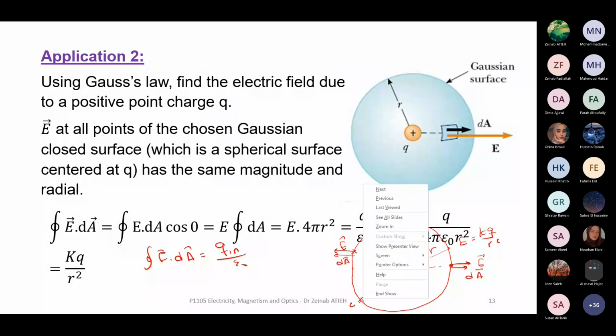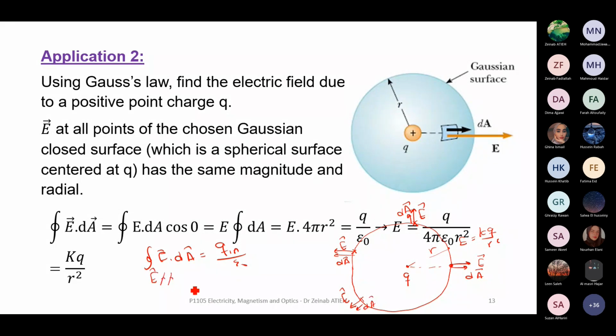So we can say that E is parallel to dA. We replace E dot dA with E dA cosine 0, because they have the same sense.